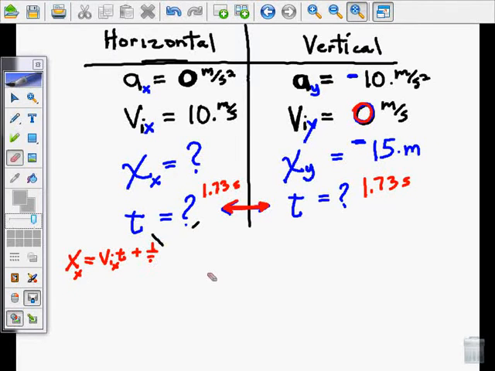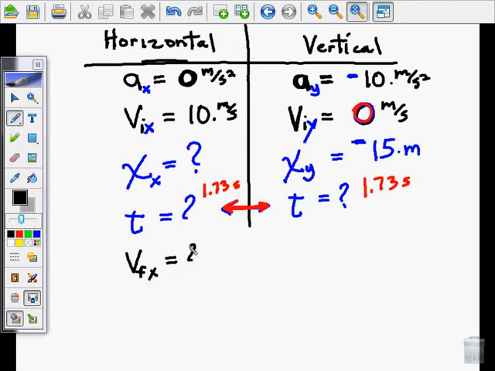Good job. So we are trying to find the final velocity in the x direction and the final velocity in the y direction. If you have room, you can just keep on going down. If you're going on to the next page, just continue the two columns.